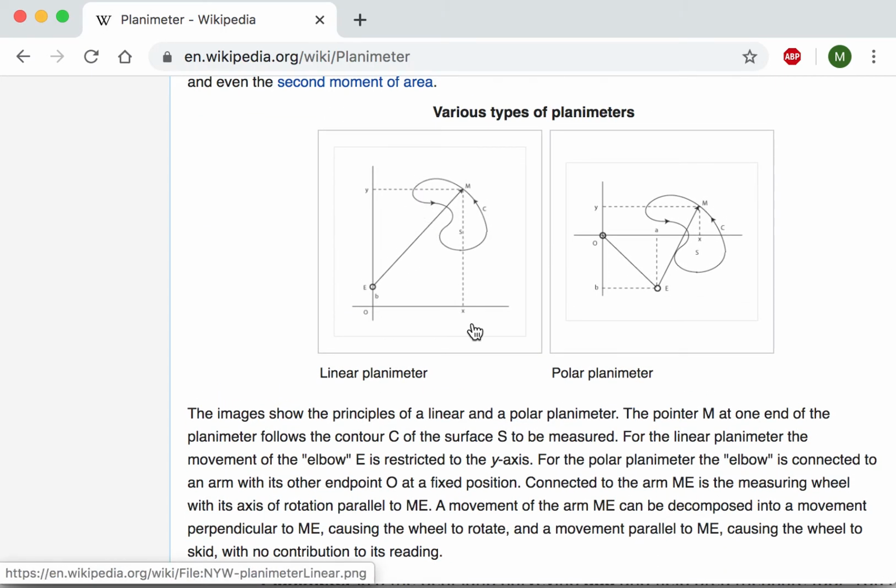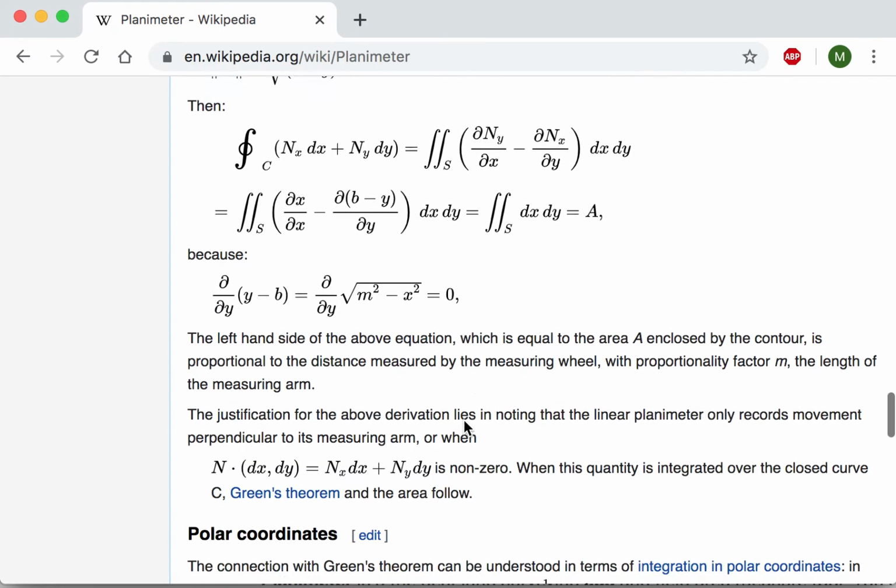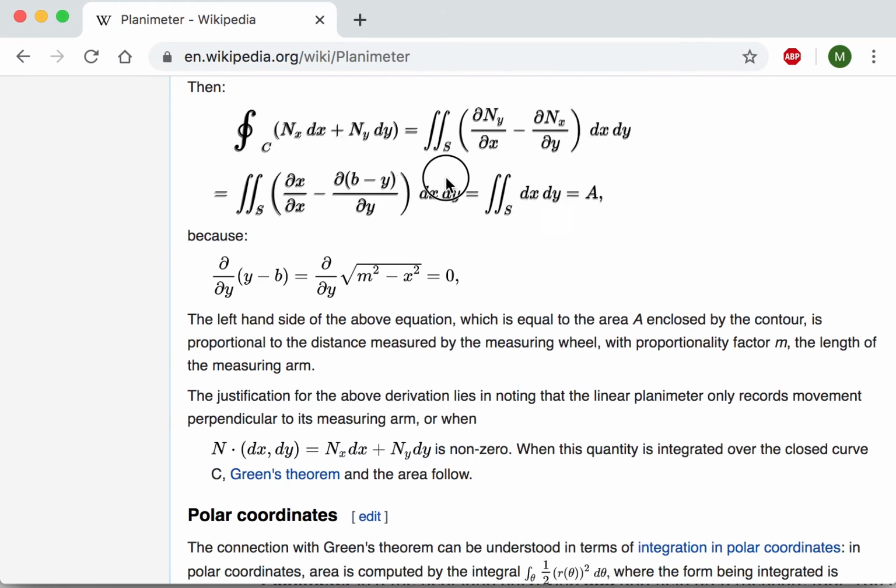Well, what's really going on is if you look down at the mathematical derivation here, there's this section right here where we link a line integral to an area integral, right? A double integral. This is Green's theorem, okay? This thing works by Green's theorem. It's connecting the behavior of what's happening with that curve to what's going on with the area inside of it.